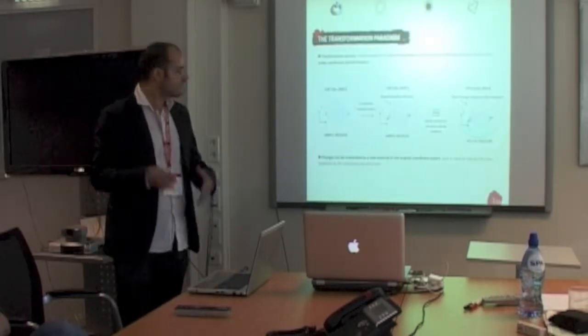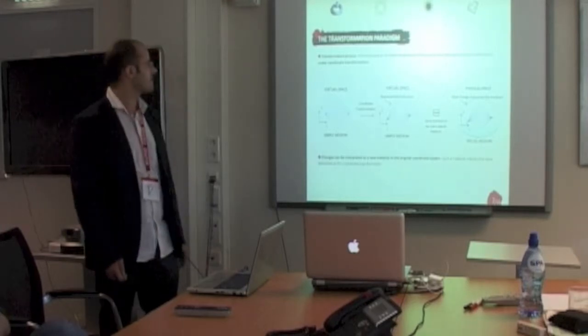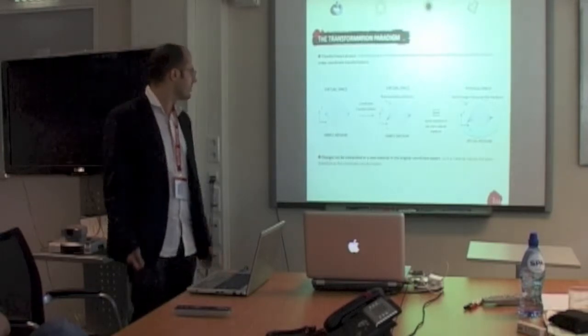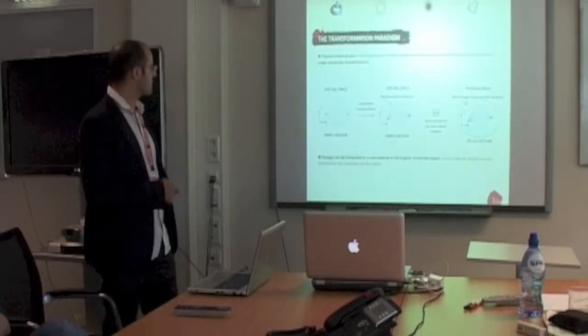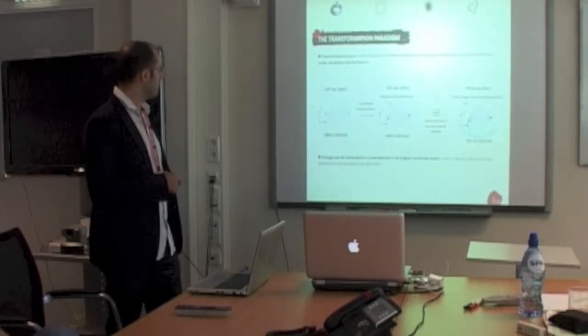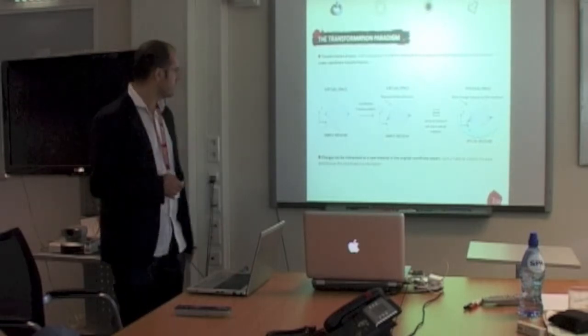So transformation physics in general is a method that exploits the form invariance of the equations that model a certain physical phenomenon under coordinate transformations. Just to briefly review the method, we start from a virtual space filled with a simple medium for which we know the solutions to our physical model.